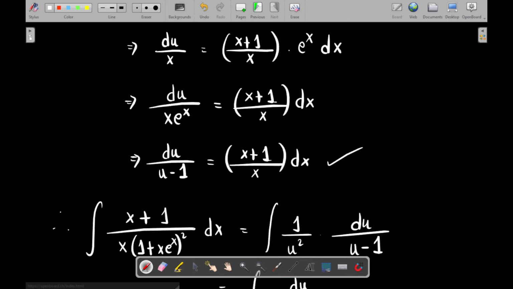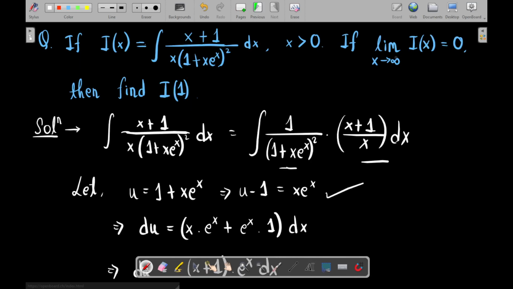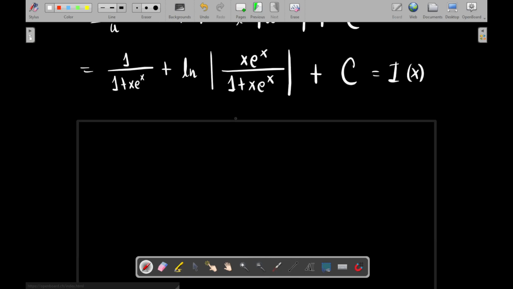So this is our I(x), equal to our given I(x). Now we are given that the limiting value of I(x) as x tends to infinity is 0. So now we need to find the value of c using this condition. Since the limit of I(x) as x tends to infinity is equal to 0, we have to apply the limit x tends to infinity to the entire left hand side.